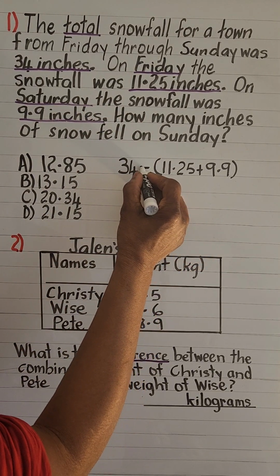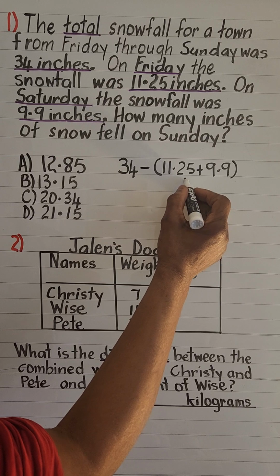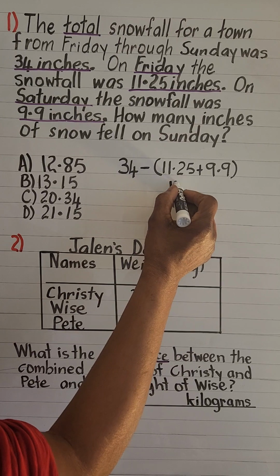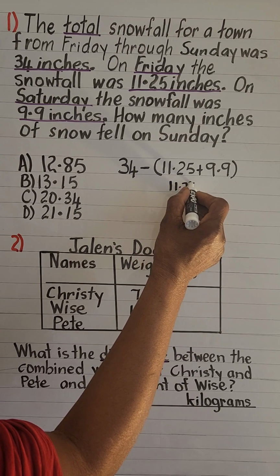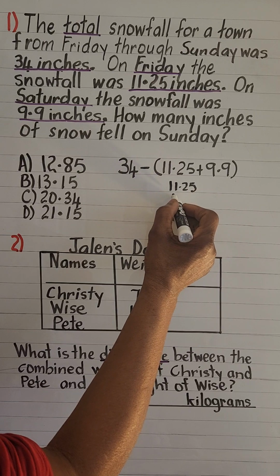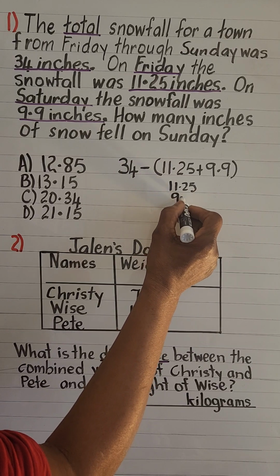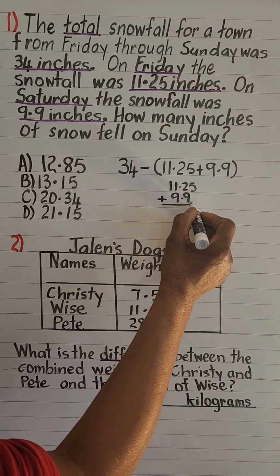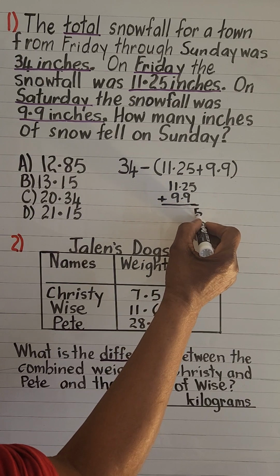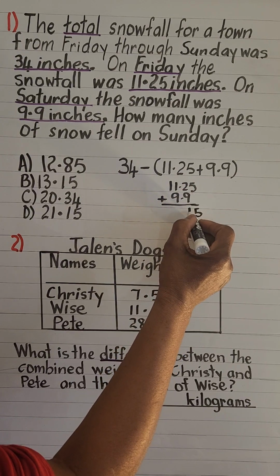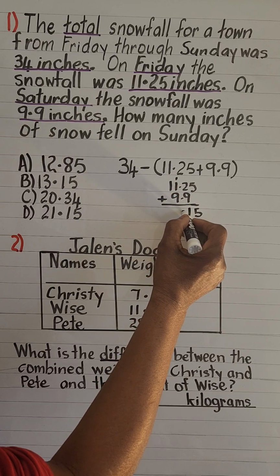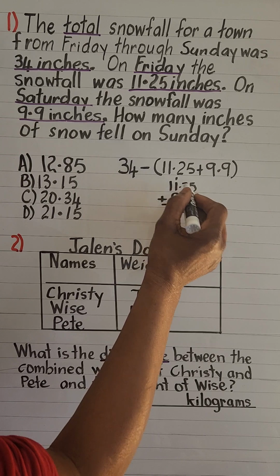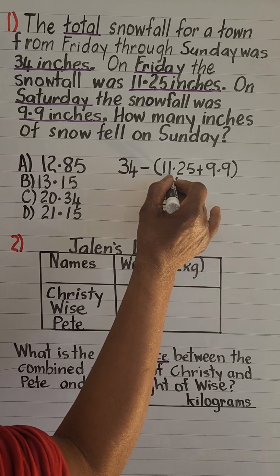So first we're going to add 11.25 and 9.9. 11.25, 9.9, and that is equal to... 9 plus 2, 11. 1, carry 1.